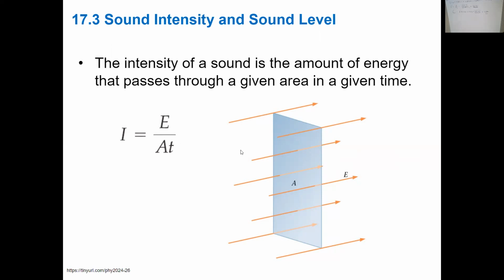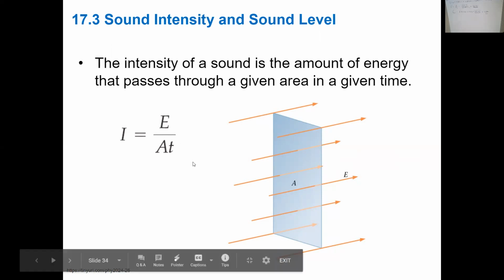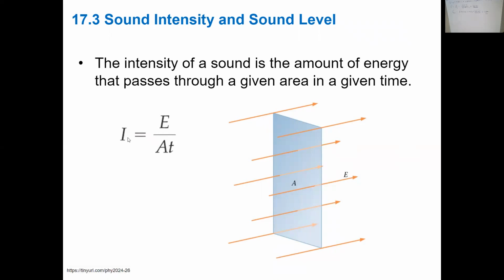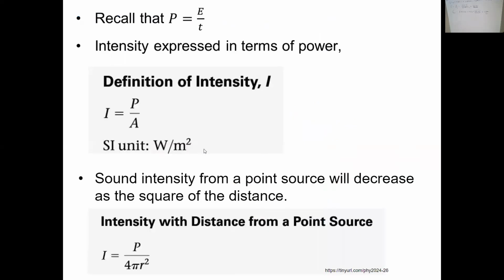So intensity is defined as energy divided by the area through the given time t. So I equals E over A over T. And because E over T is P, I can be rewritten as P over A. In most cases, when the source gives out a wave, it propagates in 3 dimensions, as spherical waves.